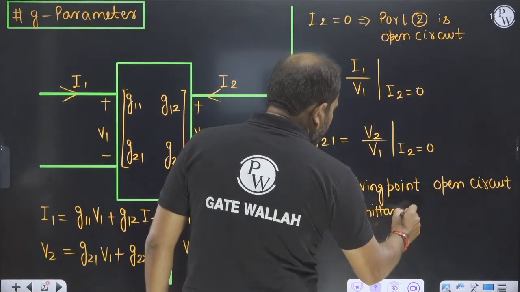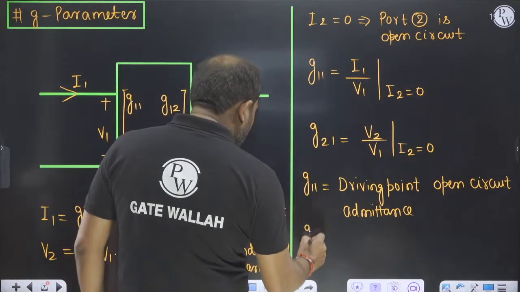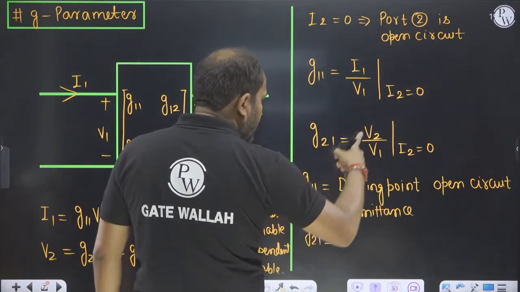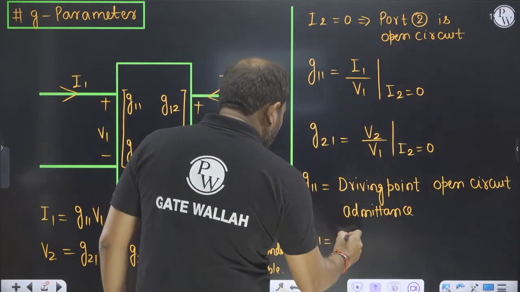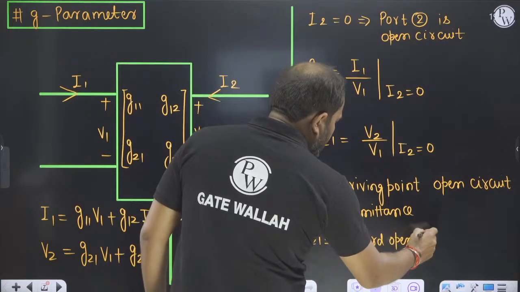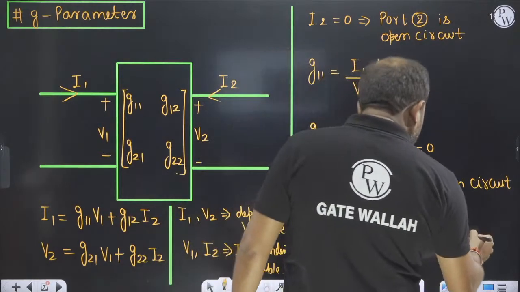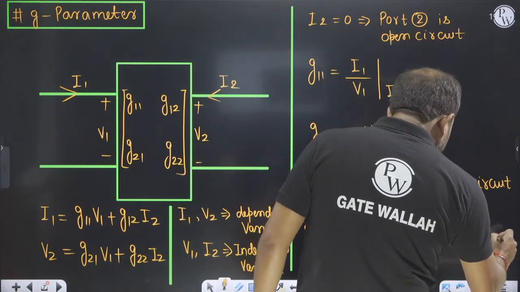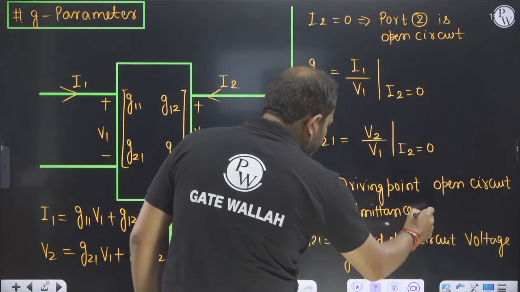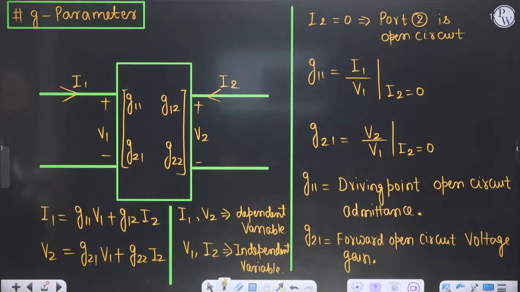Then G21 is voltage upon voltage, second upon first, output upon input, so it is the forward open circuit voltage gain. This is the name which we will give.